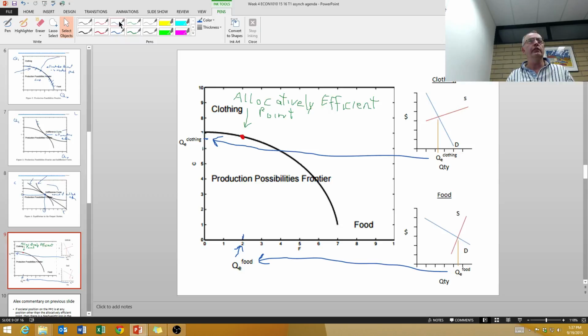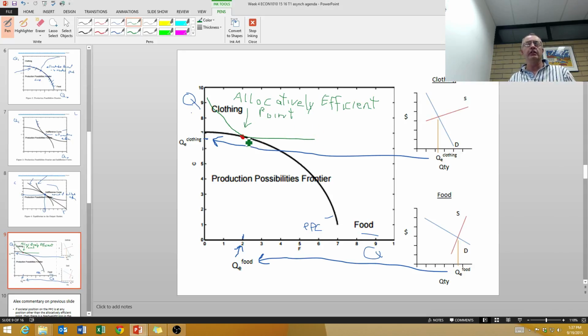So here's our production possibilities curve, PPC or PPF, whatever we want to call it. And we have two products. We have food on the x-axis, quantity of food, and we have clothing on the y-axis, quantity of clothing. So let's say, for example, this is our point of intersection with the indifference curve.